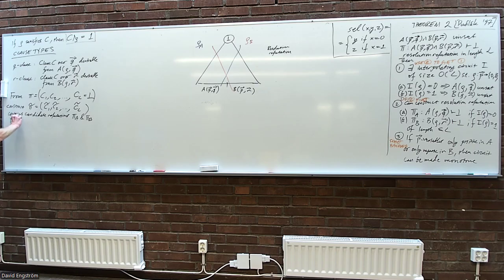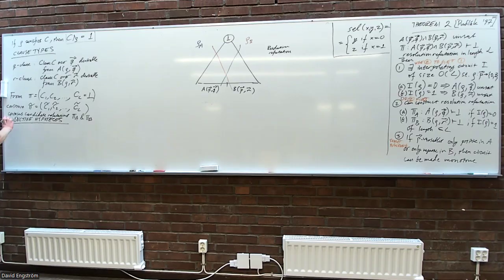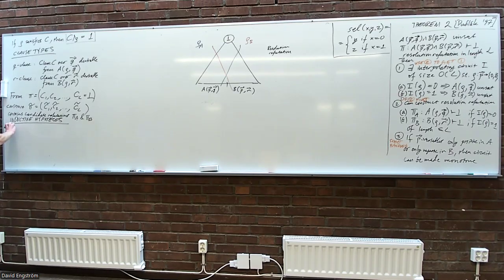We need some inductive hypotheses and see if I can fit them. There are 3 of them. I hope I can fit them on this part of the board. Property 1 is going to be that all of these tilde clauses are Q clauses or R clauses. Let me introduce a notation for the type of a clause.